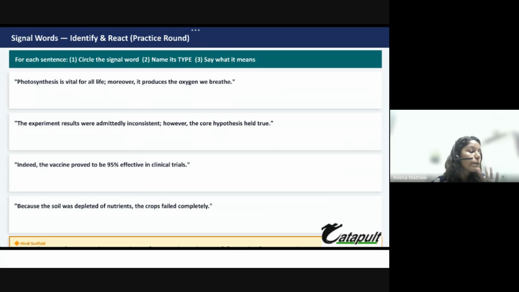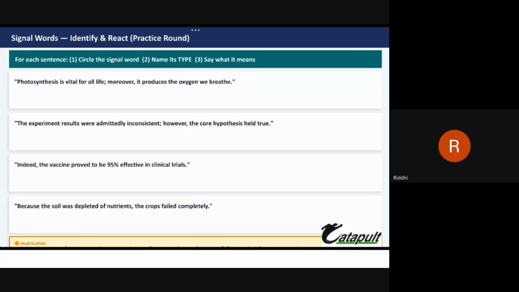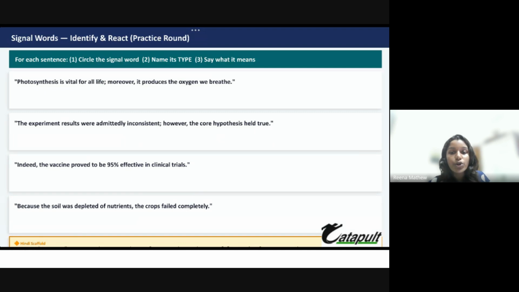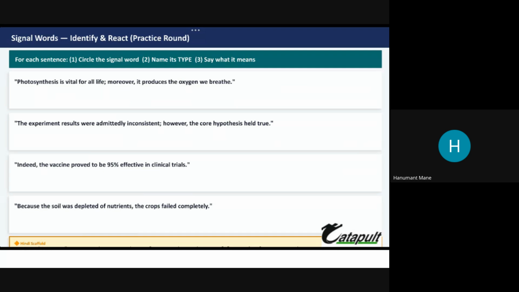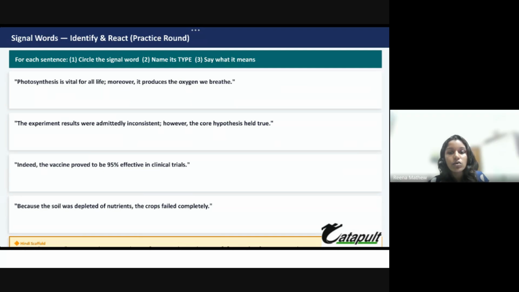Okay, look at the fourth sentence. Because the soil was depleted of nutrients, the crops failed completely. Very good. The signal word is because. Because gives the reason. I am giving the reason for the crops failing, the weak soil.